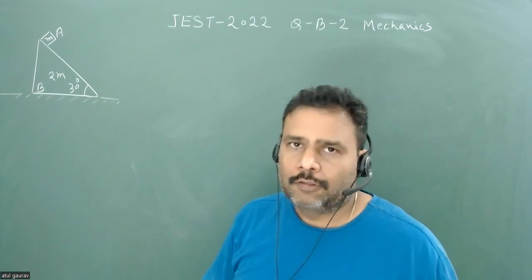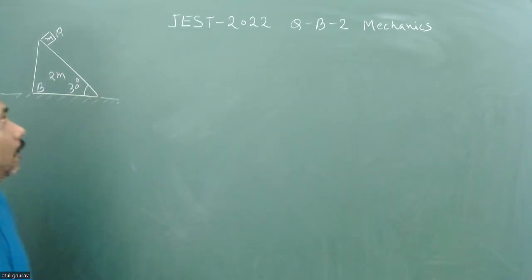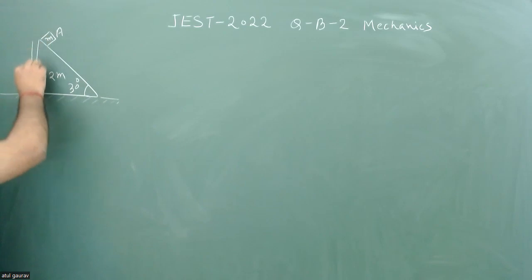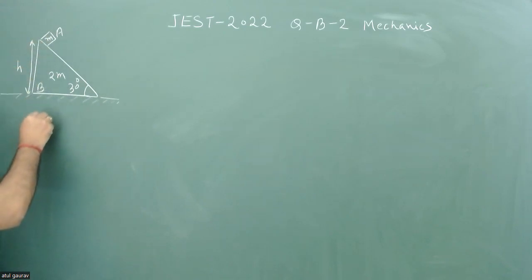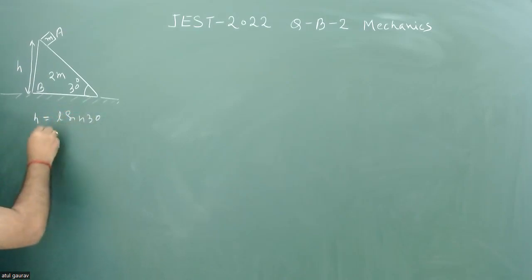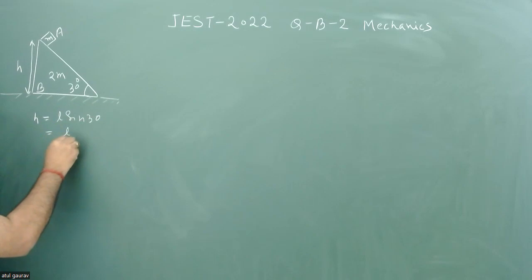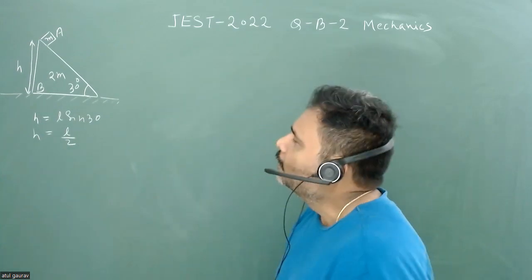So let's try to solve this problem in a very efficient way. Obviously this height h is L sine theta, or L sine 30 degrees, so h is L by 2. We will use this for the conservation of energy.